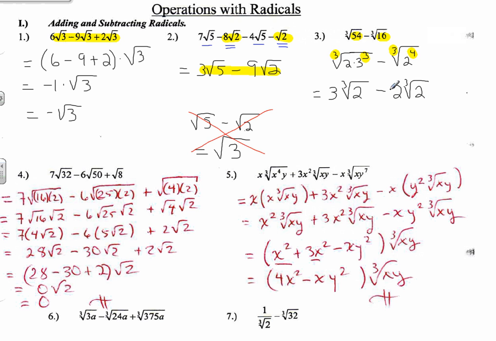Now look at the two radicals. Notice that the two indices are the same. The radicands are the same. So that means that I can combine these. These are like radicals. And then all I do is take this 3 and I subtract that coefficient of 2. And that gives me a 1 times the cube root of 2.